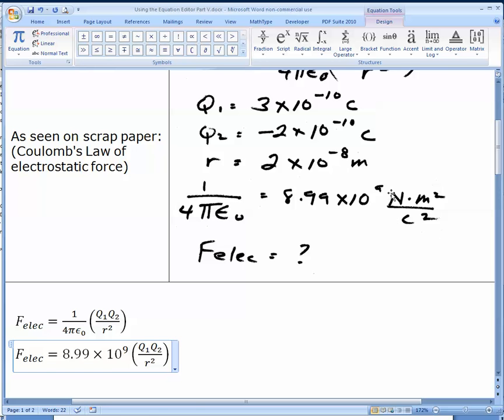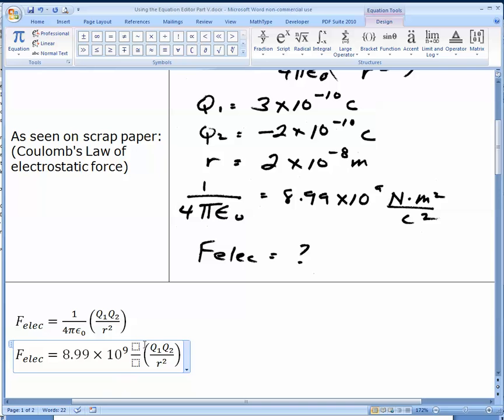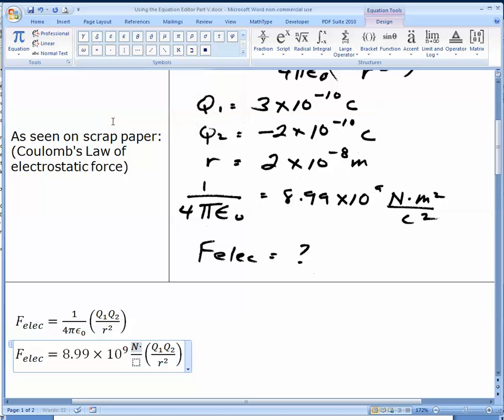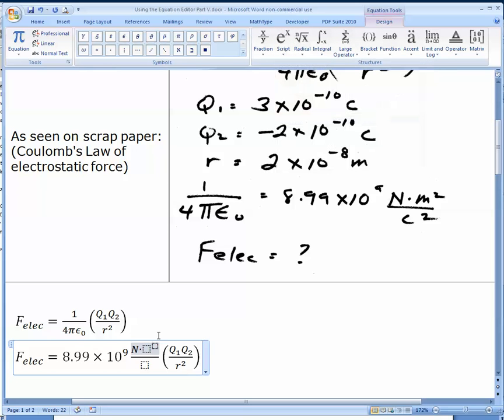And the units here, as we see, are in the form of a fraction, so we'll put in a fraction. We have N. It's commonplace to use a raised dot here. Where's the raised dot? The raised dot is right there. And meters squared is an entity with a superscript.